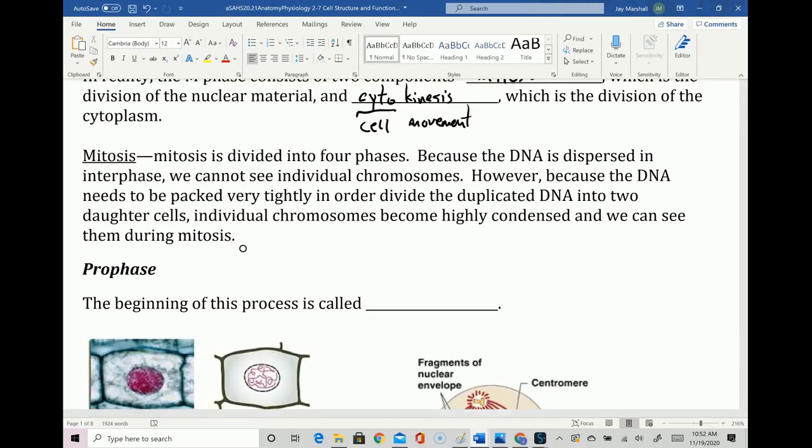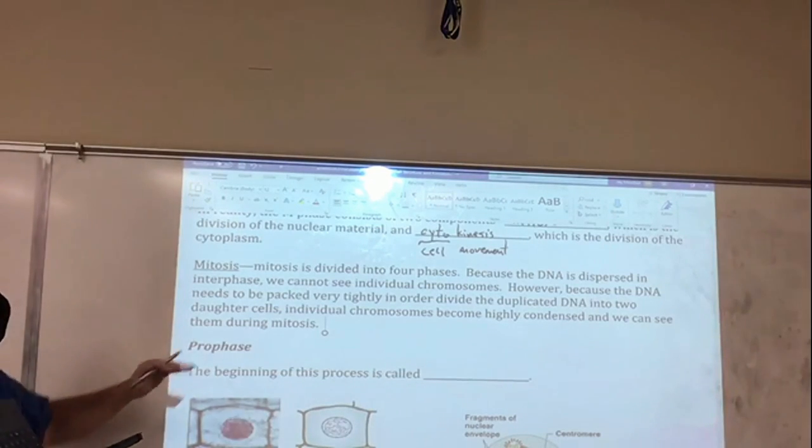And that's why the early anatomists didn't think anything was going on. They didn't see any action inside the nucleus. It just looked like it was sitting there, and all the chromatin is dispersed, okay? And that means it's spread out, and we need it spread out so that we can actually read the code and make the proteins, okay?